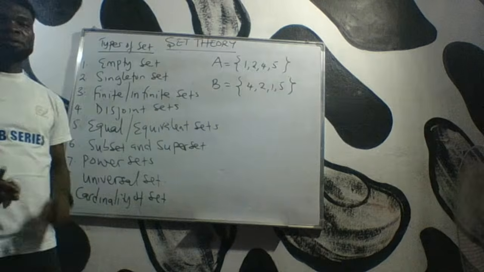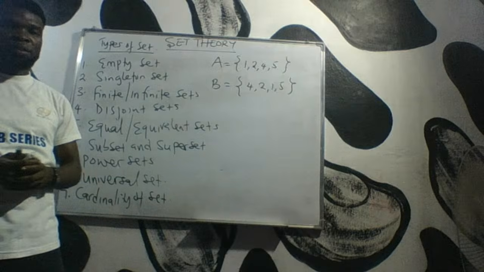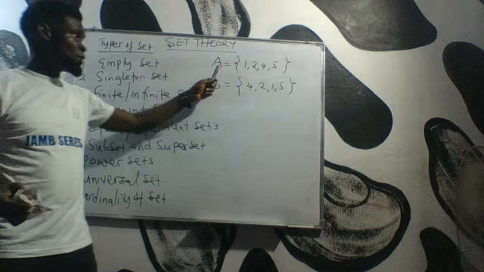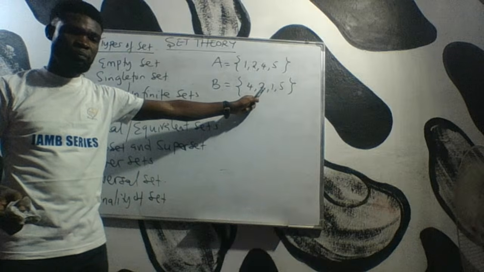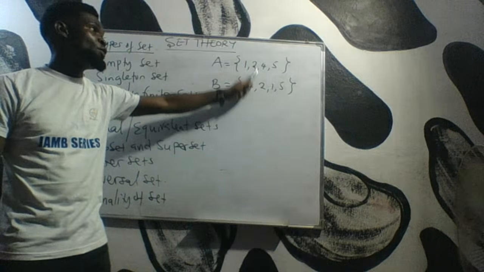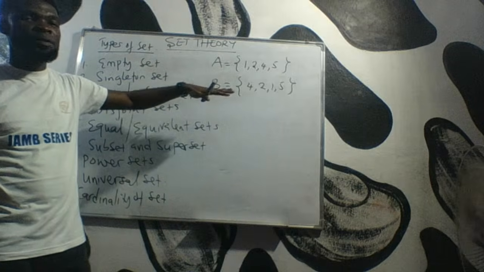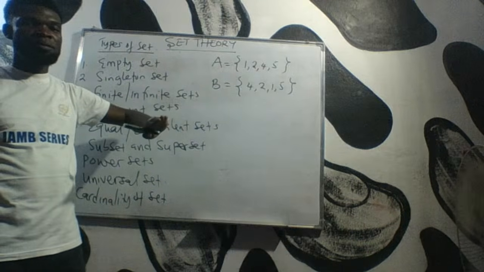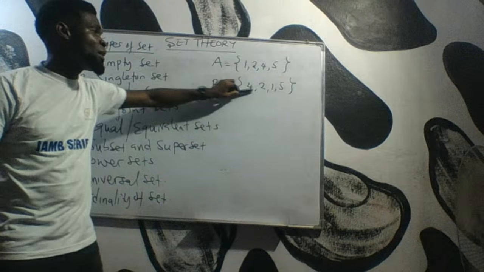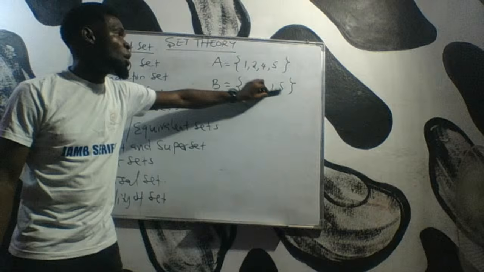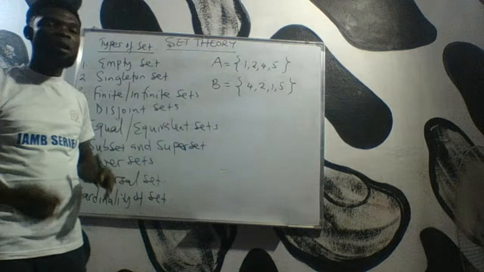Please, as far as sets are concerned, there is no difference between these two sets A and B. Reason, the elements in set A are also contained in set B. And of course, in a set, the order of arrangement does not matter. So these sets A and B are actually equal, because the elements of set A are also contained in B, and the elements of set B are all contained in A. So automatically, set A and set B are equal.